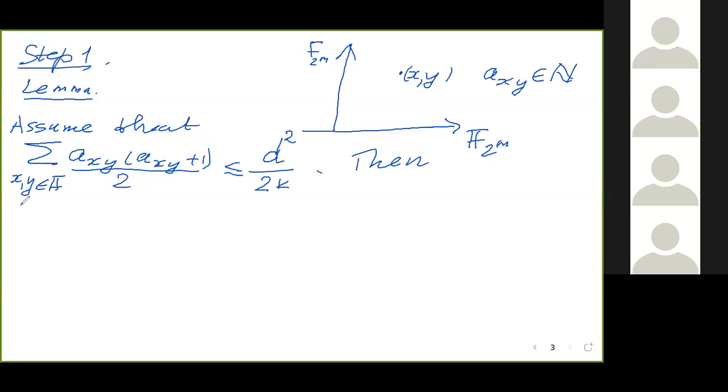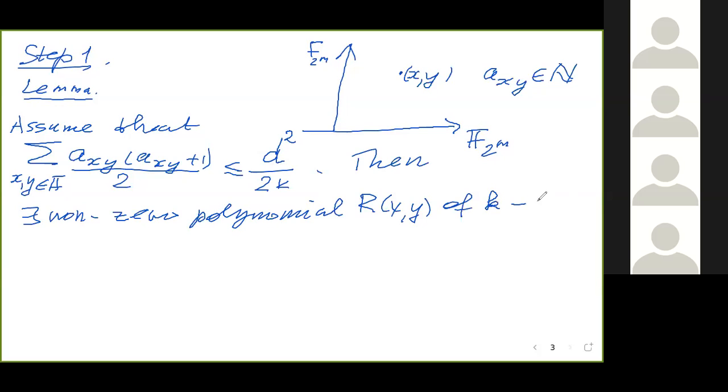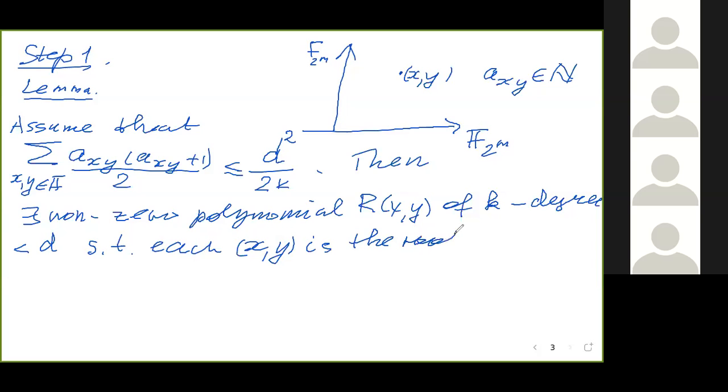Then there is a non-zero polynomial R(x, y) of degree less than d, such that each pair (x, y) is a root of R with multiplicity a(x, y).